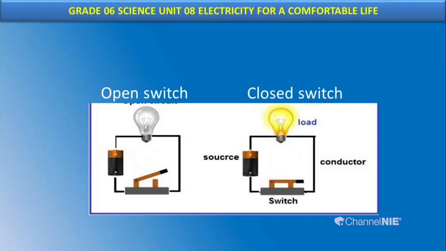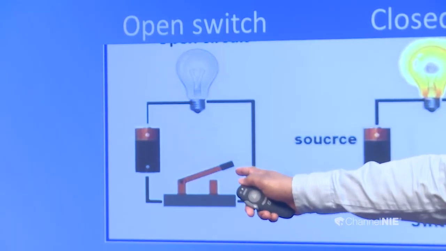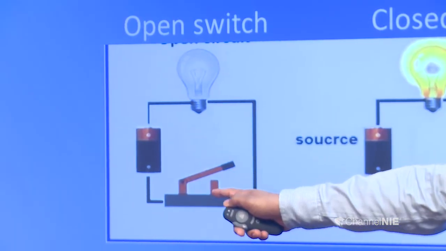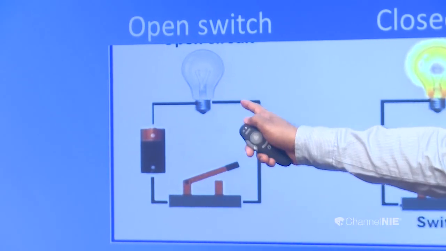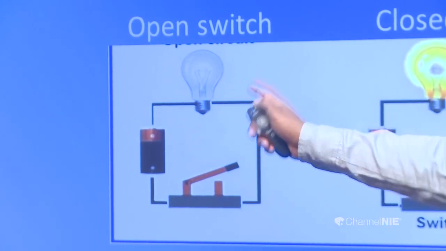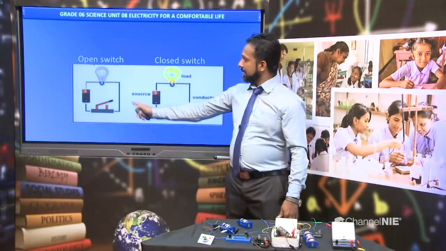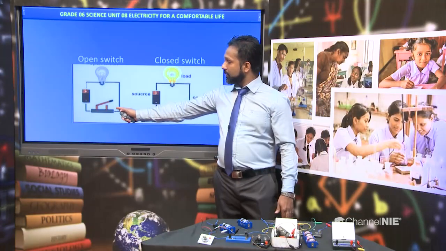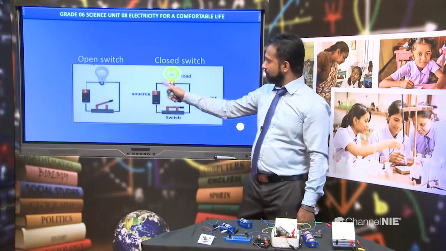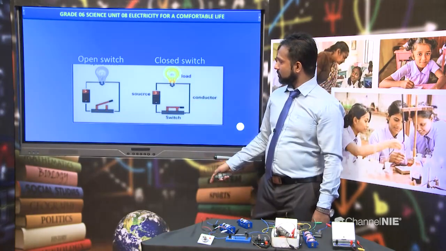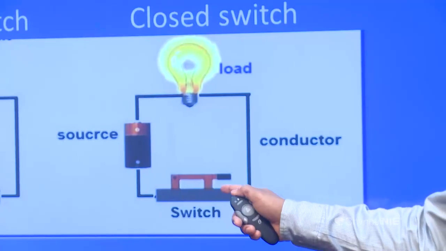You can understand, when the switch is disconnected, electricity does not flow through the circuit and the bulb does not glow, because this is an example of an open switch. Let's move to the second picture. This is a closed switch.